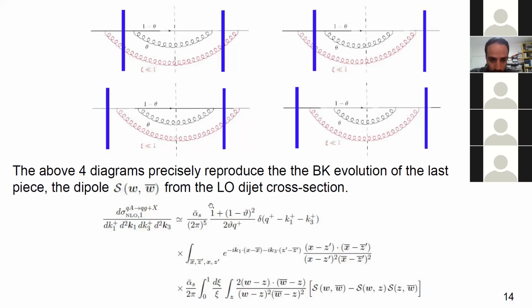You recognize this DGLAP splitting function that was a part of the leading order result. And as you remember, the dipole was the last term in the structure in the red box of the leading order.